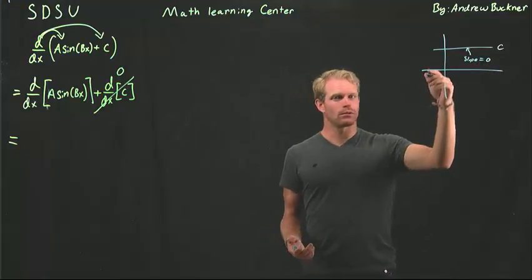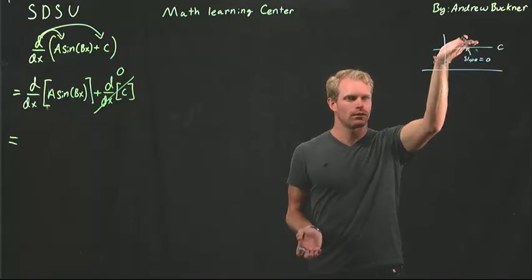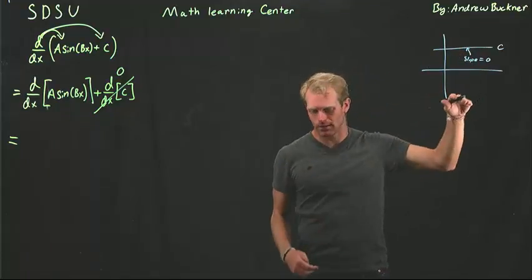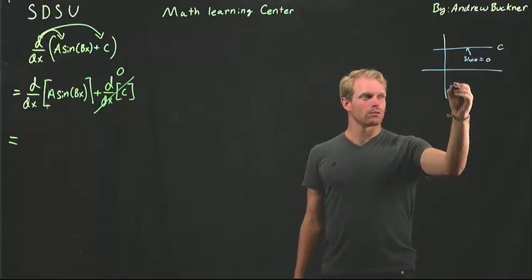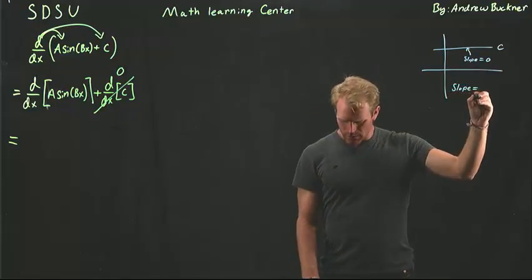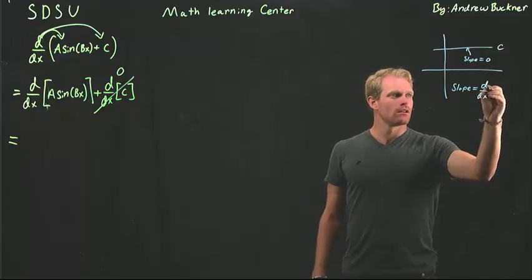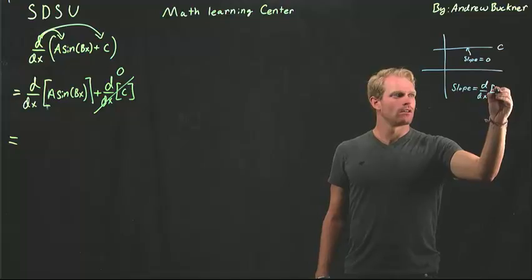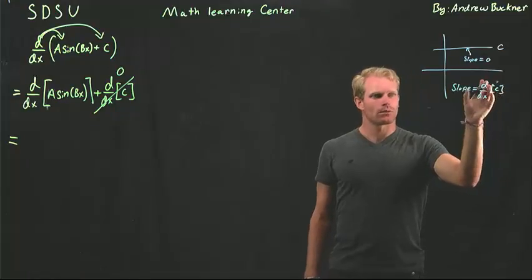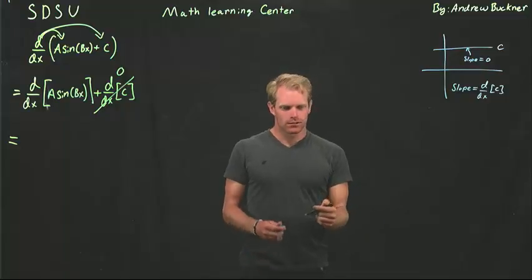Normally, when you find the slope, you're doing rise over run. In this case, you're not going up at all, so you're just staying on that same line. So what the slope is actually telling us is the derivative with respect to x of whatever function we're taking the derivative of, which gives us that slope. Cool, awesome.